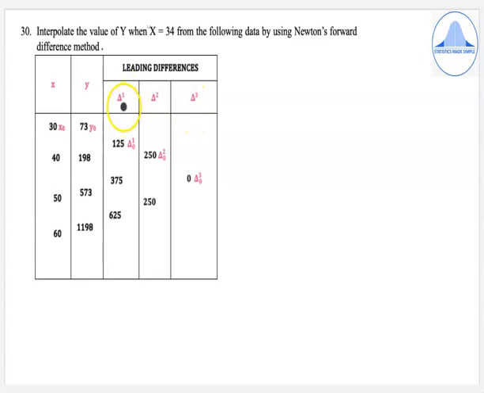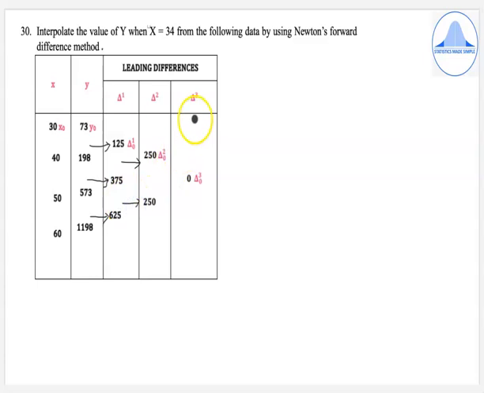Now how do we find out delta to the power 1? That is the first leading difference is 198 minus 73. We get 125 and we write it in between these two values. Similarly, 573 minus 198 is 375. And 1198 minus 573 is equal to 625. In a similar way, find out the second leading differences, that is delta square. 375 minus 125 is equal to 250. 625 minus 375 is equal to 250.